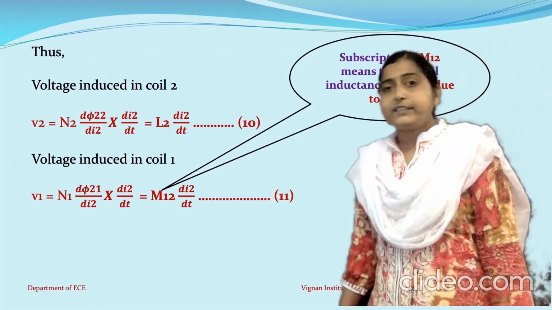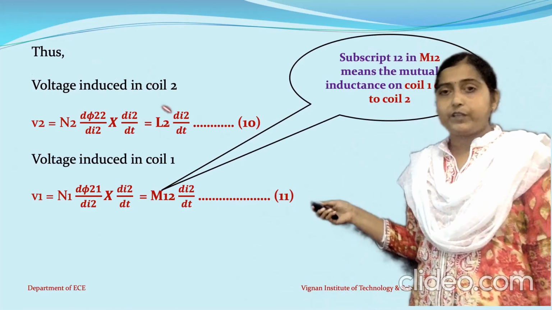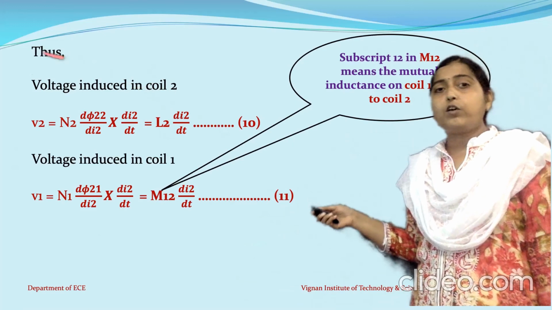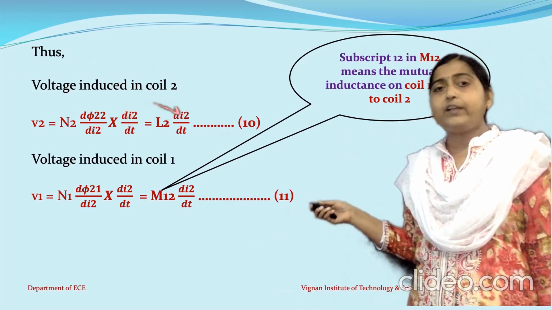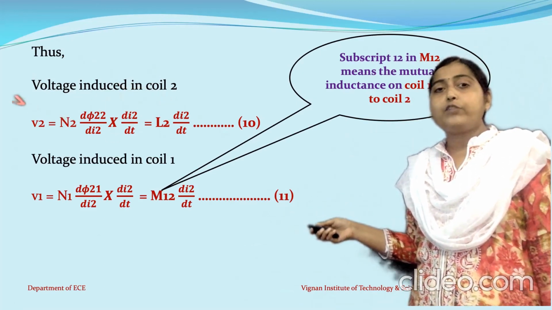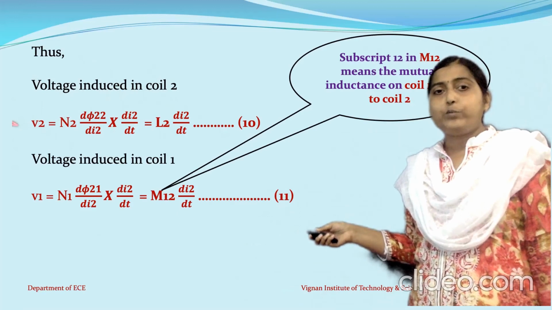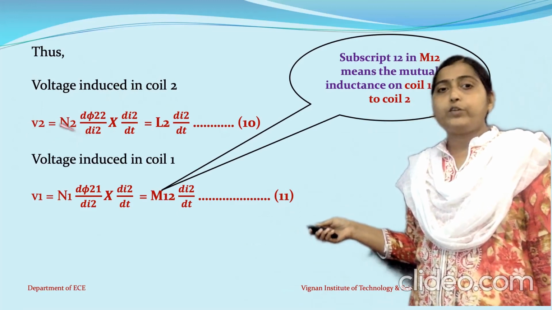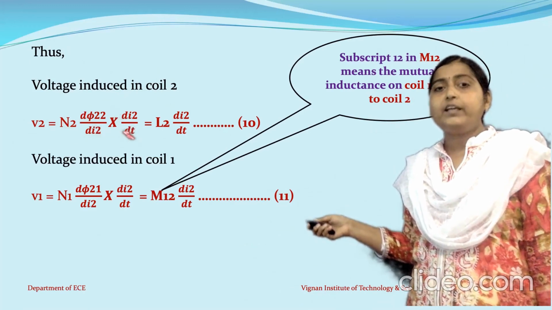Now let us calculate the voltage which is induced in coil 2, because now I have applied the current at coil 2. Again I am making use of Faraday's law. According to Faraday's law, as we have already seen in the circuit, the voltage induced in the second coil is given by V2. So V2 is equal to N2 into d phi 22 by di2 multiplied with di2 by dt.